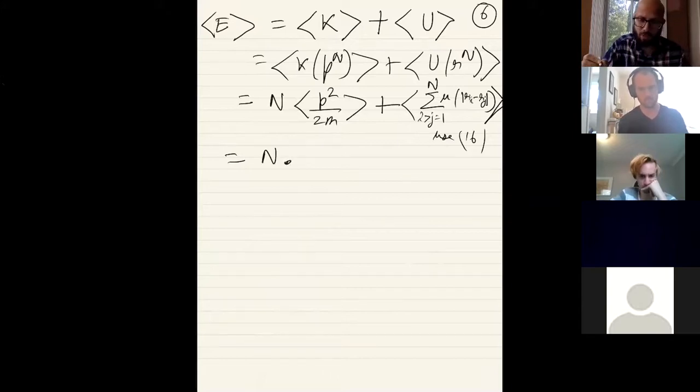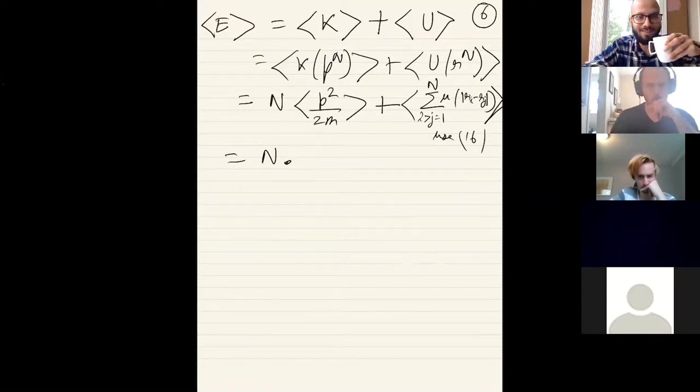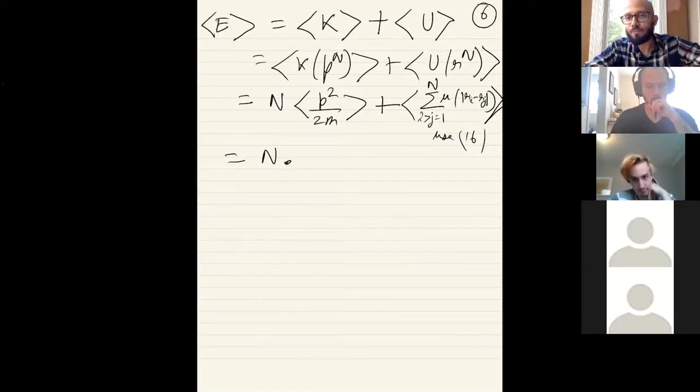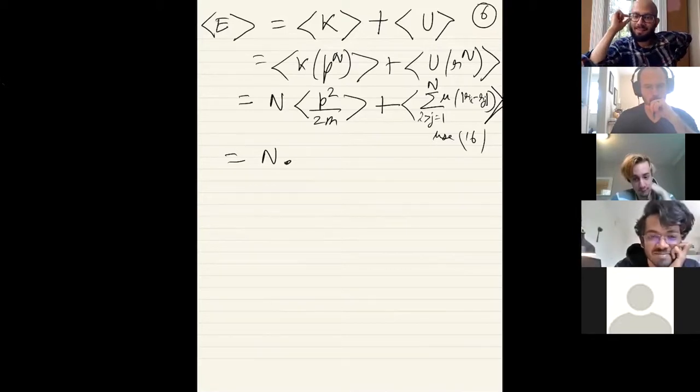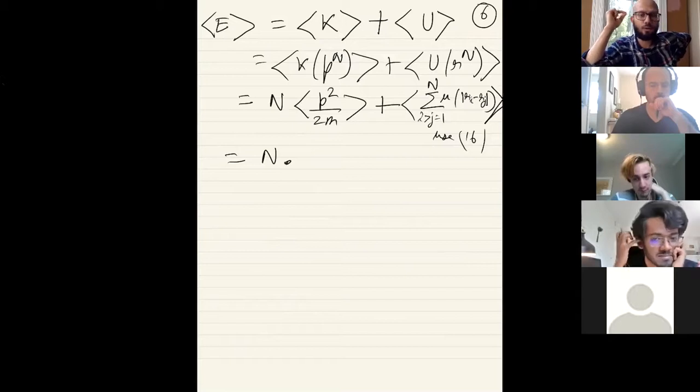Who wants to help me? What should be the value of the average of p square over 2m? Any guesses? It should be related to the temperature, right? Equipartition, that's your hint.